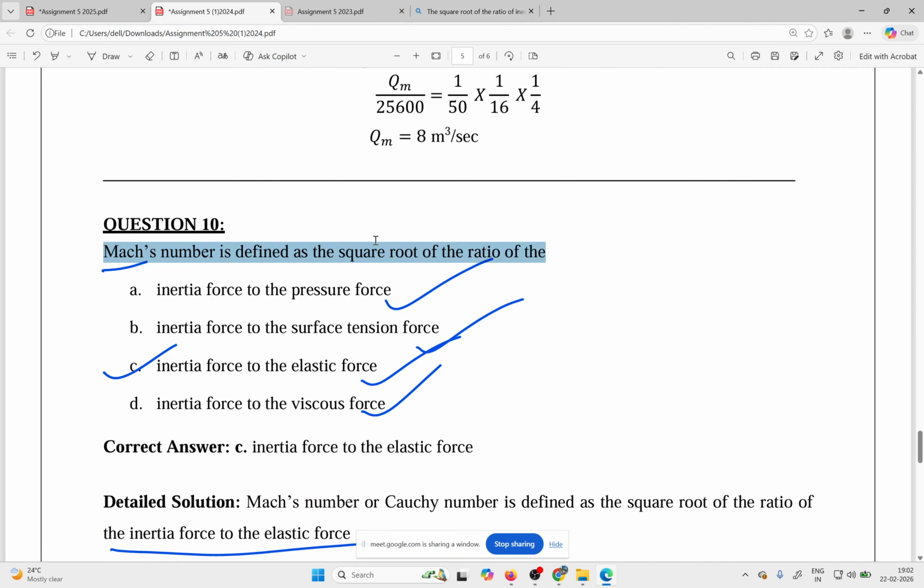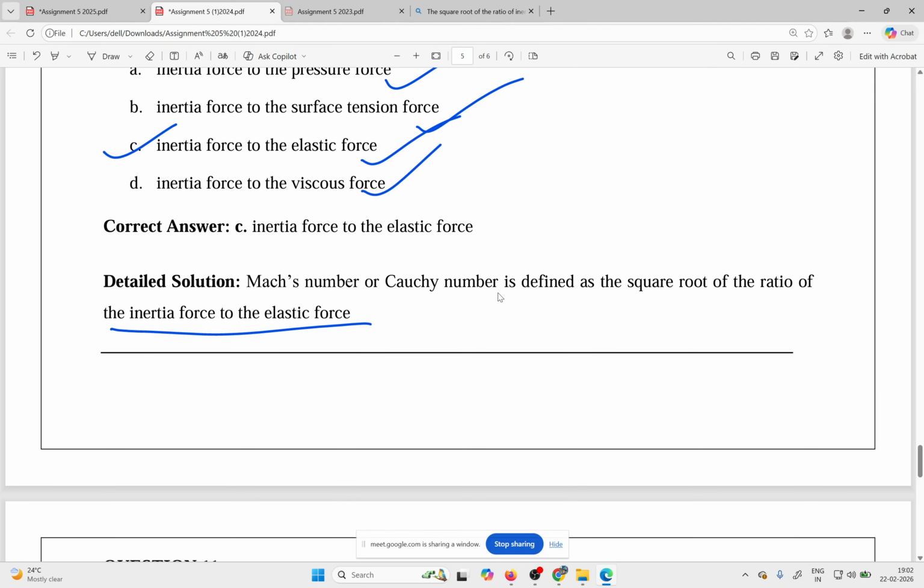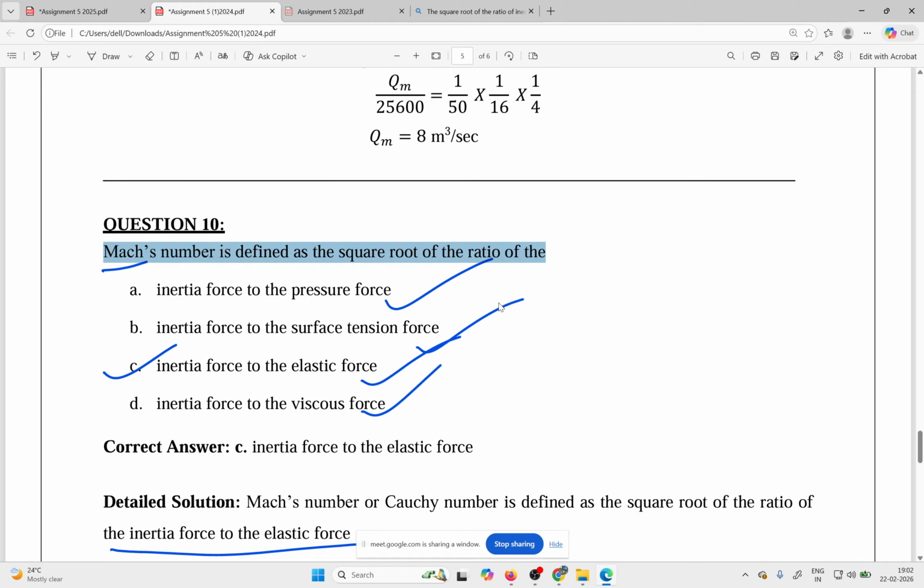That's fine. Maybe your elastic force is related to the compressibility force. That is no issue.